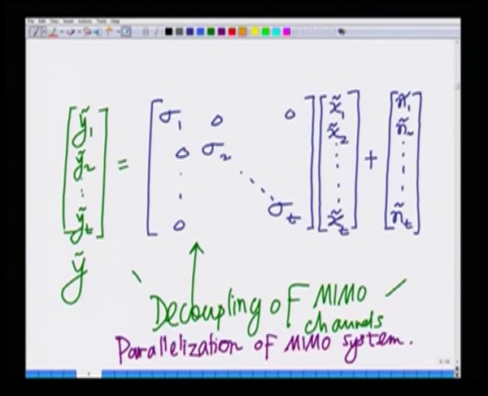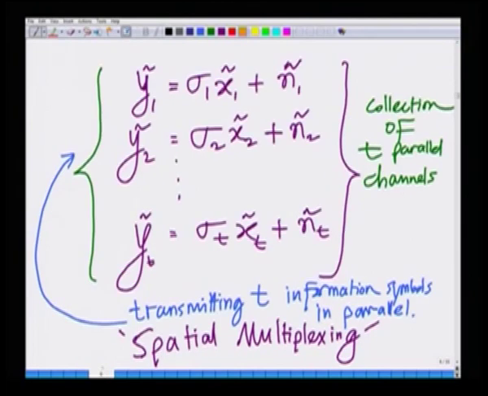As a result I have y1 tilde equals sigma 1 x1 tilde plus n1 tilde, y2 tilde equals sigma 2 x2 tilde plus n2 tilde, and so forth. So, this MIMO channel has become decoupled into T parallel channels.